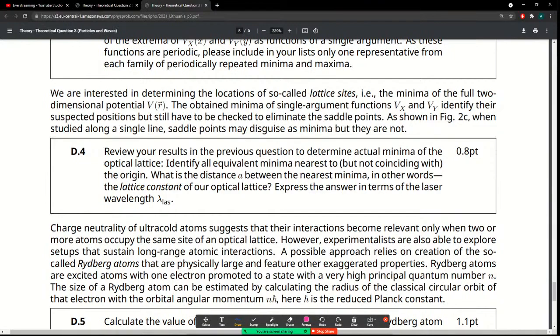When studied along a single line, saddle points may disguise as minima, but they are not. Review your results in the previous question to determine actual minima of the optical lattice. Identify all equivalent minima nearest to but not coinciding with the origin. What is the distance a between the nearest minima? In other words, the lattice constant of our optical lattice. Express the answer in terms of the laser wavelength lambda of the laser.